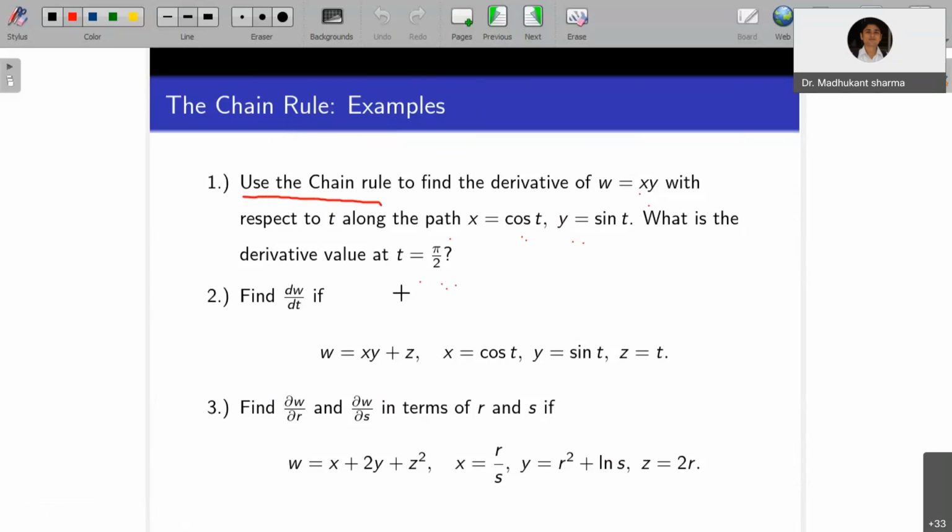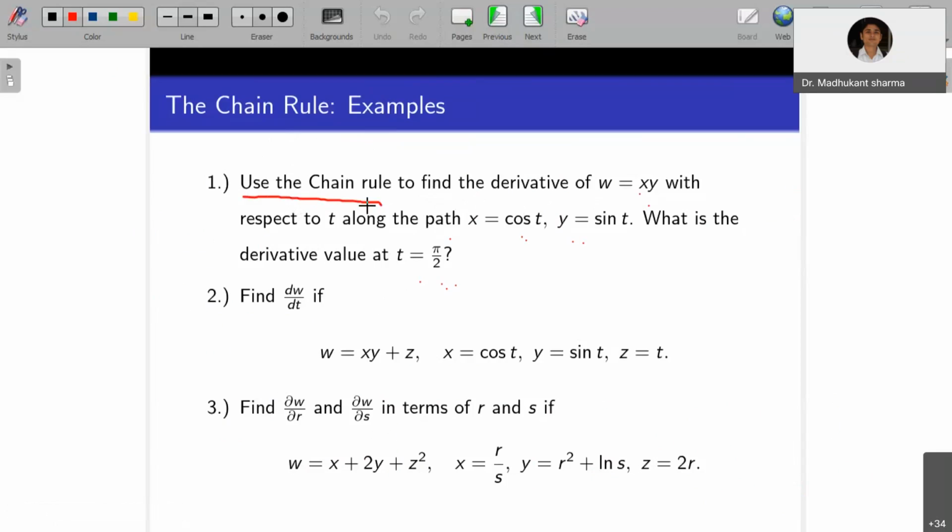If it is not mentioned, like if you are straightforwardly asked to find the derivative of this, you are free to choose your path. Did you understand my point? Yes, sir. Thank you. Of course you can do it directly as I told already. But when it is mentioned, you are forced to apply it.